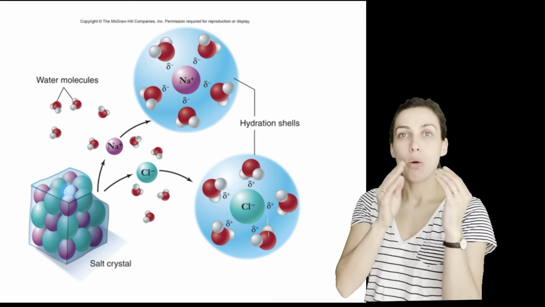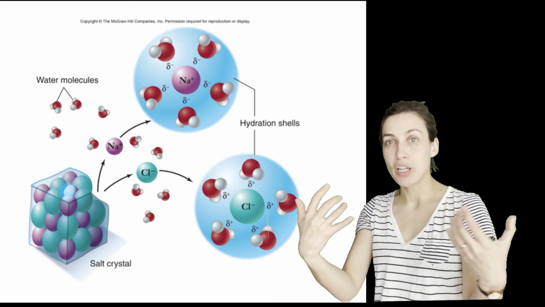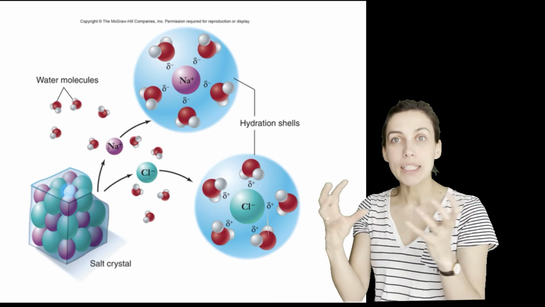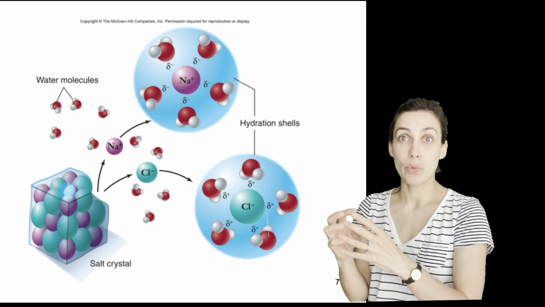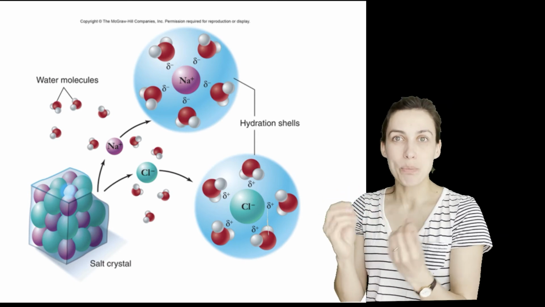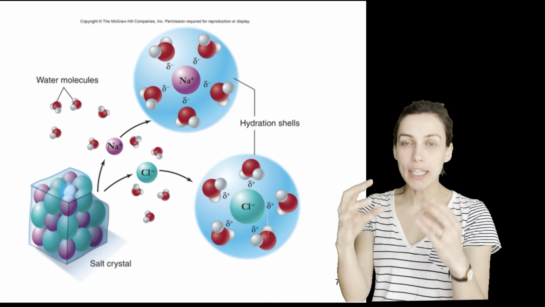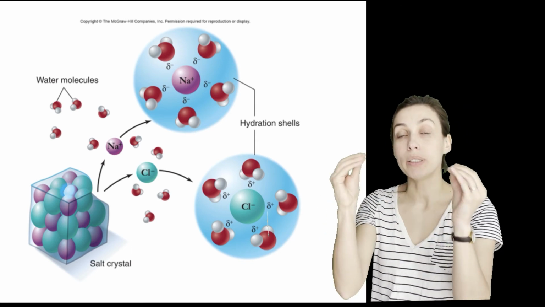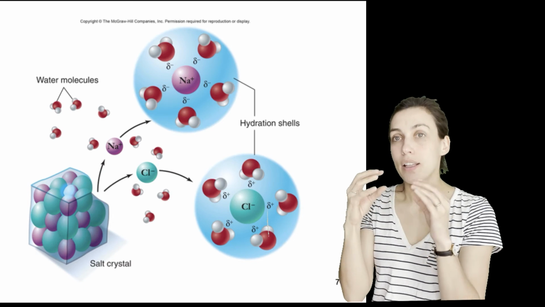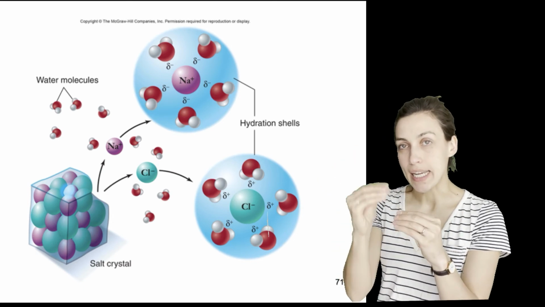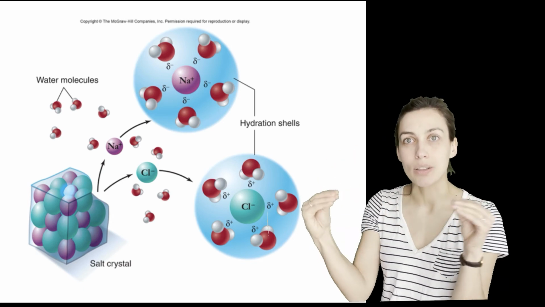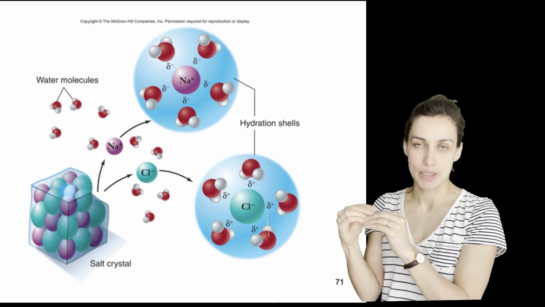When one ion is separated from the other and completely surrounded by water molecules in a hydration shell, that's what being dissolved means: the molecules of the liquid, in our case water, are completely surrounding the substance that's in the water, and they don't let it clump with other pieces of that substance.